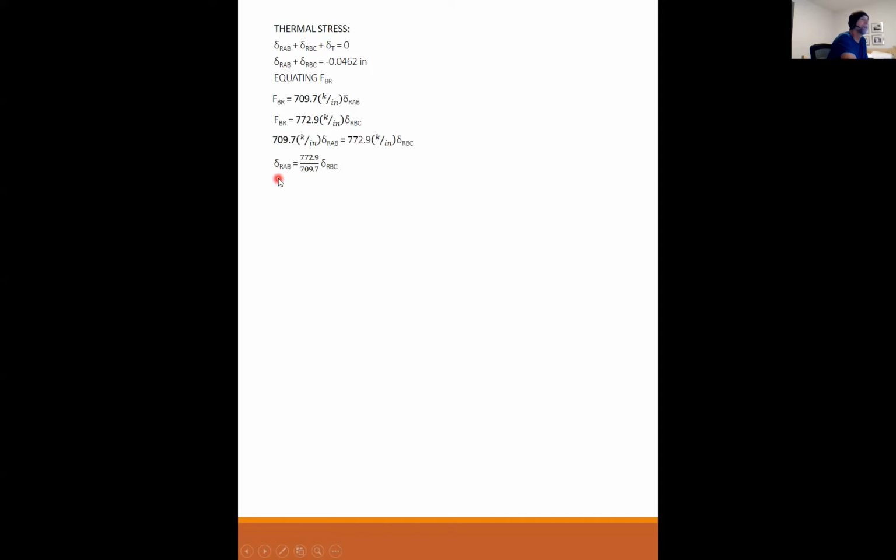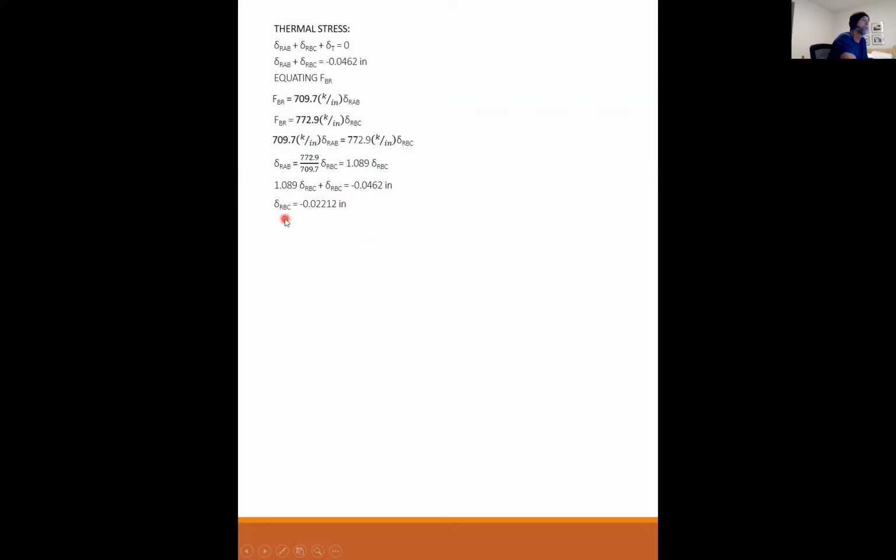And I can solve for delta RAB as a proportion of delta RBC. Again, same strategy as before, where I can relate by rigidities that the deformation in one rod is proportional to the deformation in the other rod. That proportion is 1.089 delta RBC. So 1.089 delta RBC plus delta RBC, I just took this and plugged it back into here, is equal to minus 0.0462 inches.